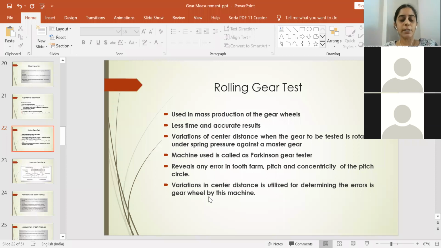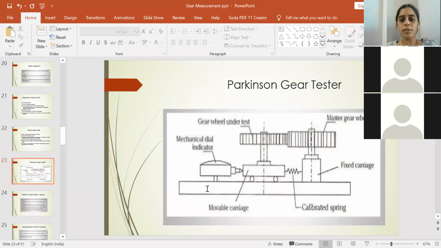Any errors in the gear wheel other than these could also be identified. These variations will be recorded and given back to the people who manufactured it. They will test with respect to each element and let us know where the error is. So this is the instrument, the Parkinson gear tester.